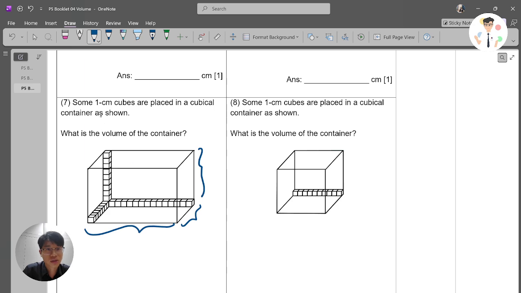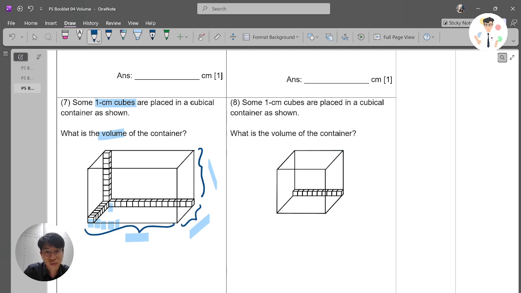But how? Again, take note of the word 1 cm cube. This is 1 cm, 2, which is here, 3, 4, 5, and you need to count yourself how many cubes are there. That basically means how many cm are there. You find here how many cm, how many cm, how many cm, then you multiply and find the volume. Okay, I think this is kind of clear.